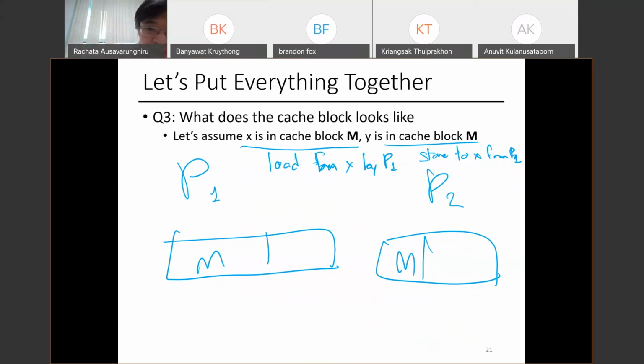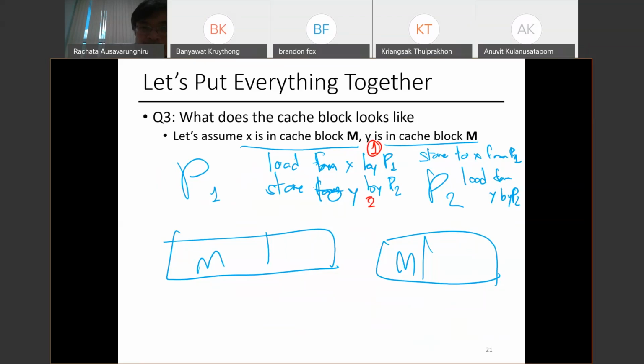Then there's a store to Y by P2 and then a load from Y by P2. And this time, let's assume the order is 1, 2, 3, and 4.